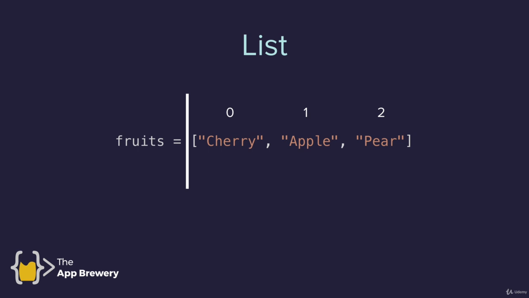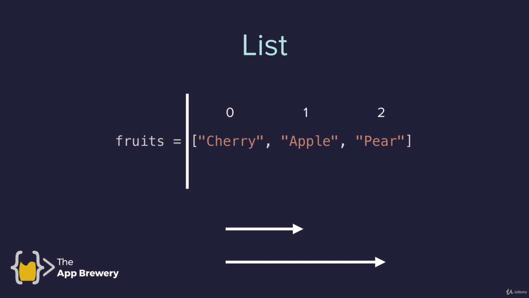Well, then in this case, cherry is right at the beginning of the list, so it has an offset or a shift of 0, but apple is shifted from the beginning by 1, pear is shifted from the beginning by 2, and so on and so forth. Then it kind of makes more sense that the first item in the list is at the beginning of the list, so it has no offset, so it's 0.